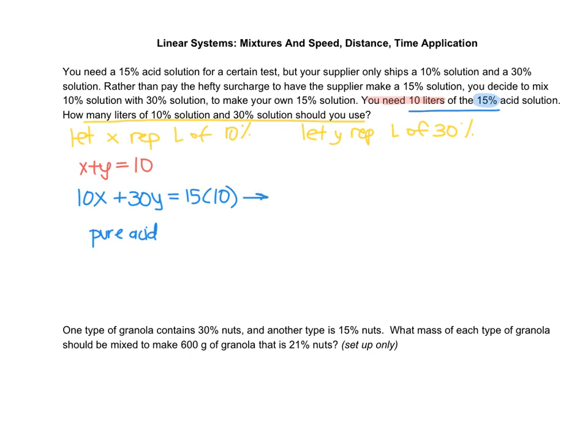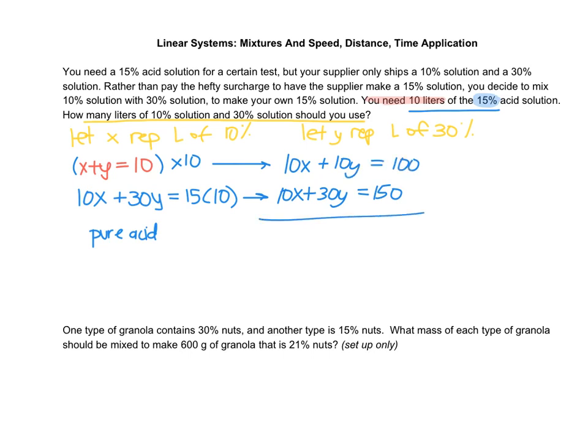So I'll rewrite this one as 10x plus 30y equals 150. And I'm going to multiply this first equation by 10 so that I can eliminate the x's. So 10x plus 10y equals 100.